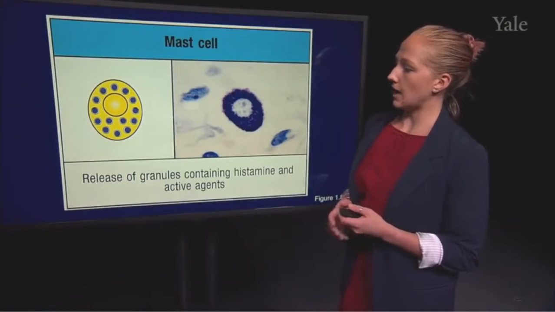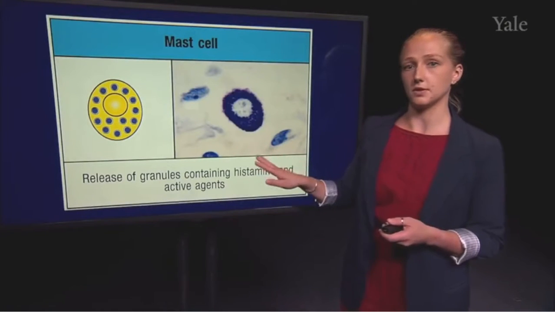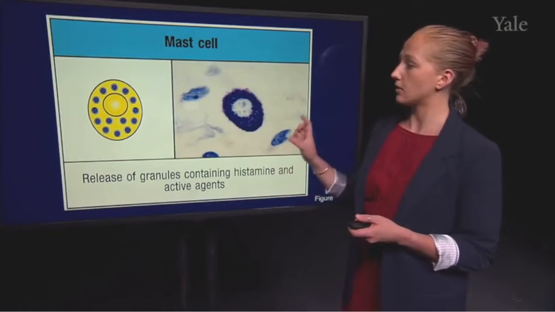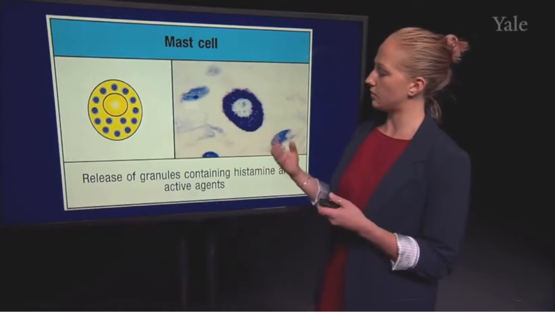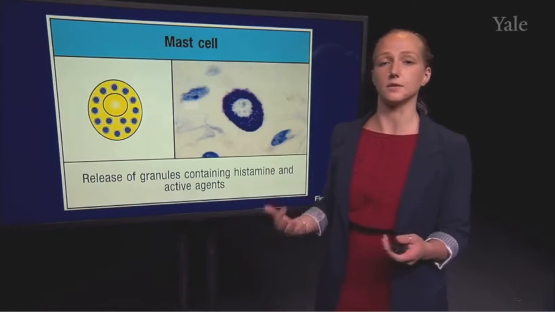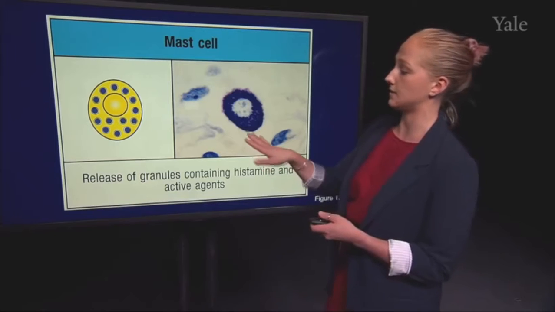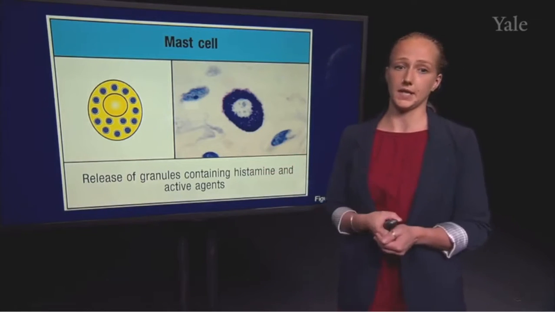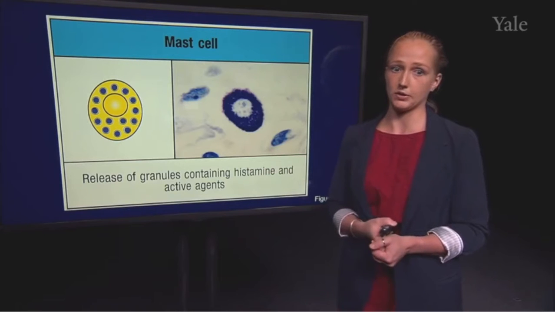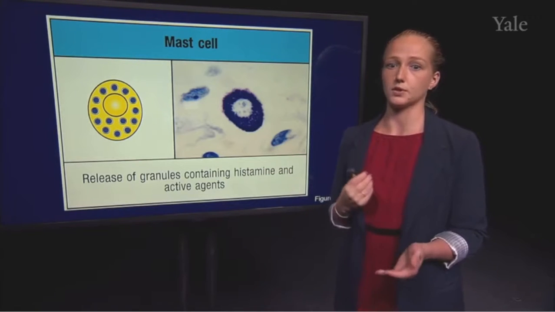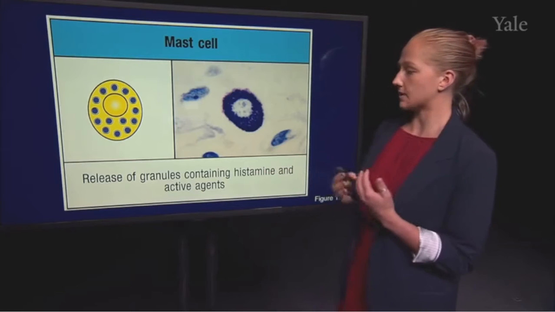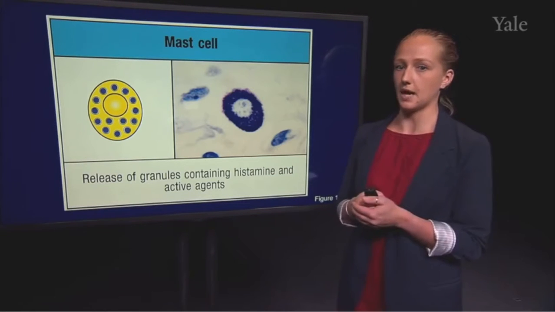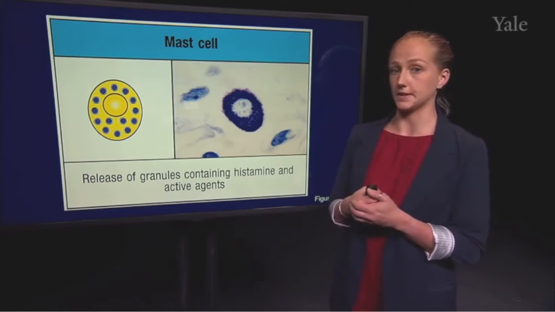Now, as you can see, compared to the pictures of our granulocytes, the granules contained within mast cells are larger and much more dense, as you can see by the deep purple staining here. These granules contain histamine and other active agents that work to protect our bodies against invading pathogens, predominantly parasitic worms.